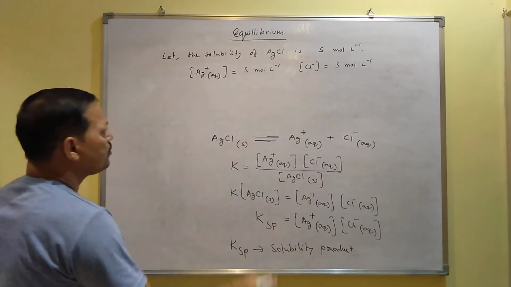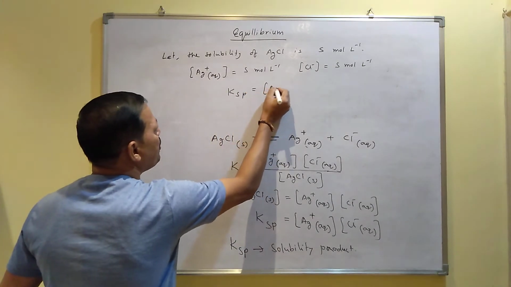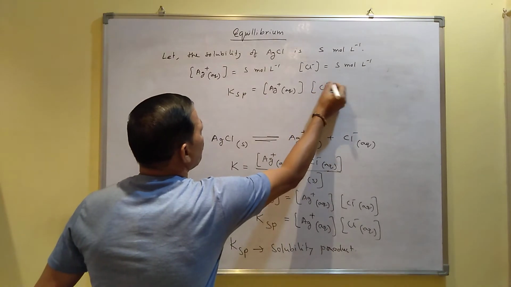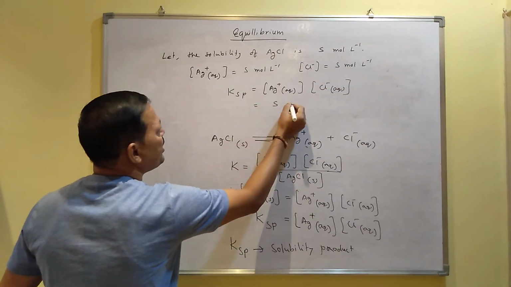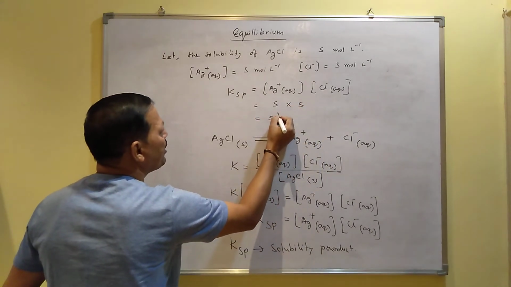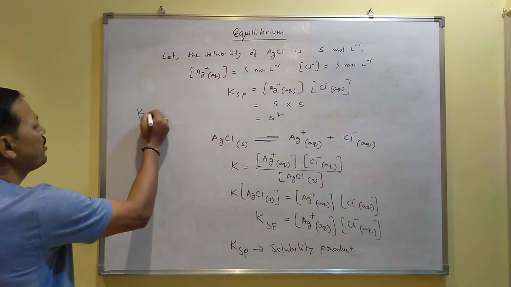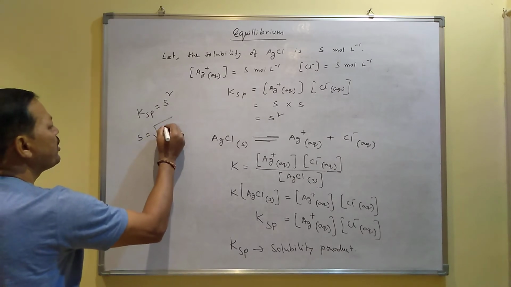Ultimately, if you want to find out KSP, as you know, KSP is equal to the multiplication of the concentration of silver ion and chloride ion aqueous. So Ag plus ion concentration is S, chloride ion concentration is S. Ultimately, you can write S square. That means you have got KSP is equal to S square, or S is equal to root over KSP.